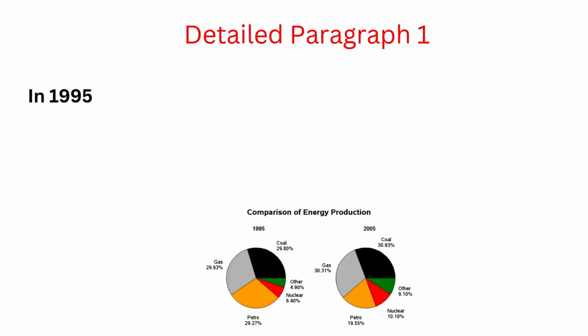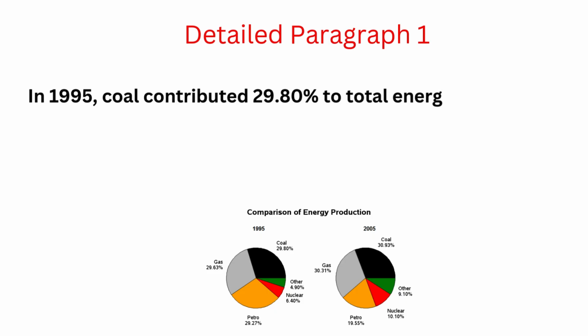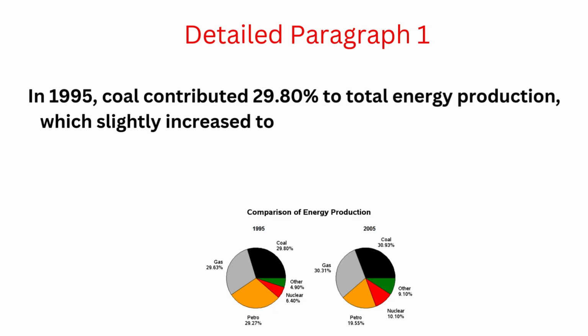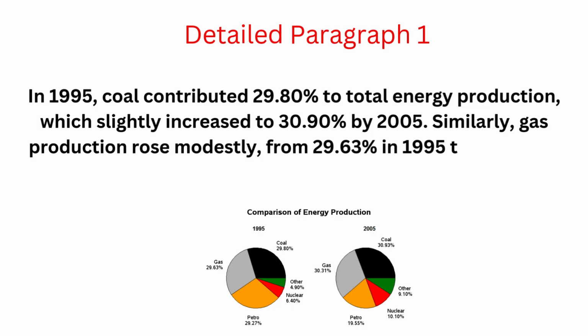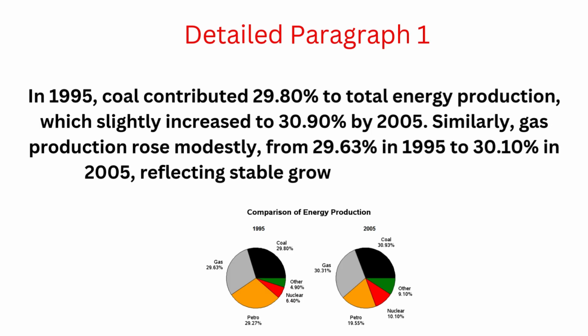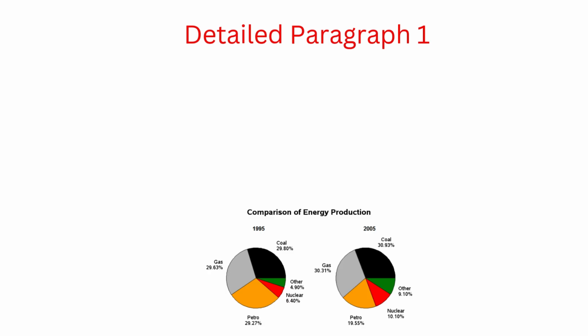In 1995, coal contributed 29.8% to total energy production, which slightly increased to 30.9% by 2005. Similarly, gas production rose modestly, from 29.63% in 1995 to 30.1% in 2005, reflecting stable growth for both sources.